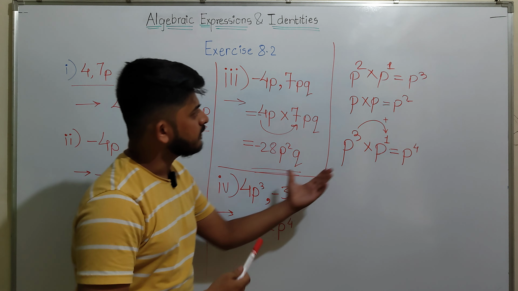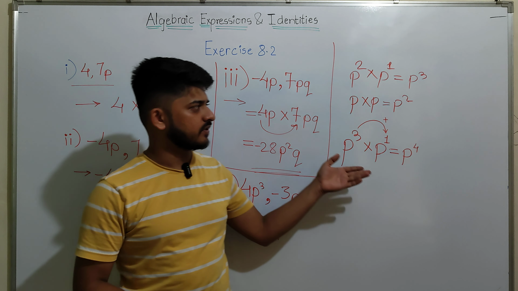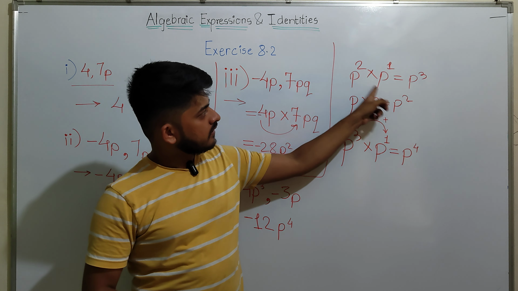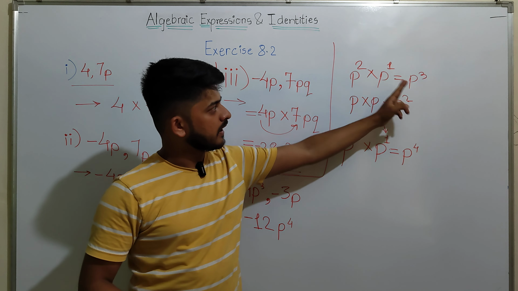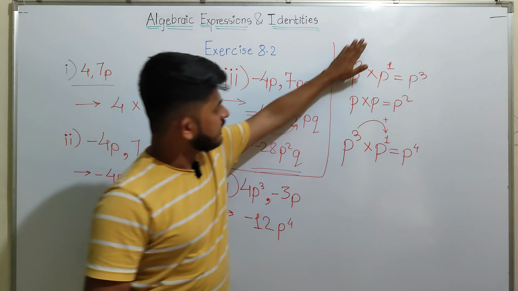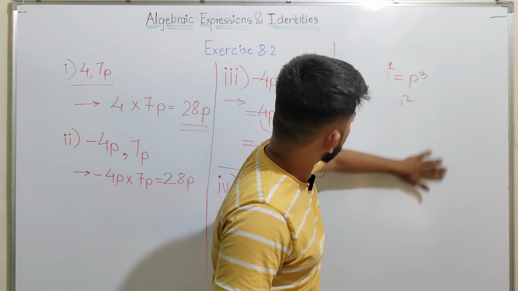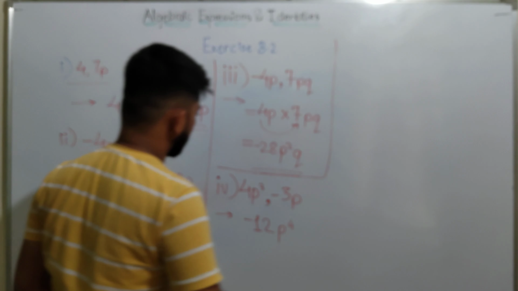This is the concept you must know, because in laws of indices they have mentioned that if you multiply like this, then the powers of the same base get added. So this is the basic thing you must know, and it is clearly mentioned in laws of indices, so no need to study separately.